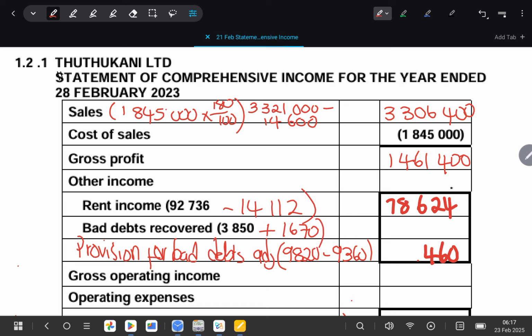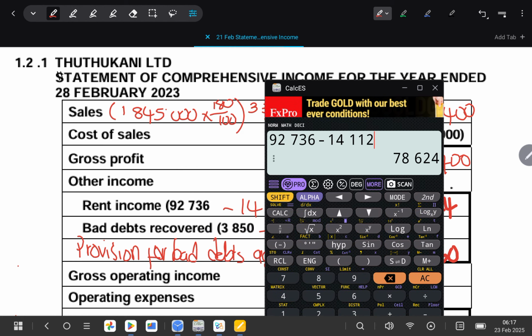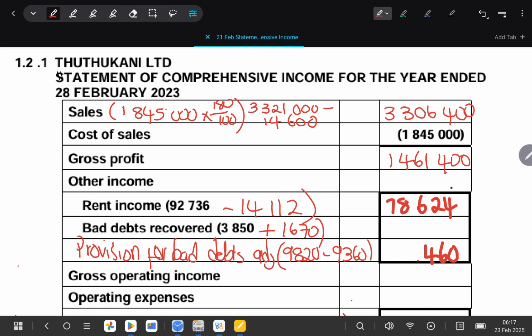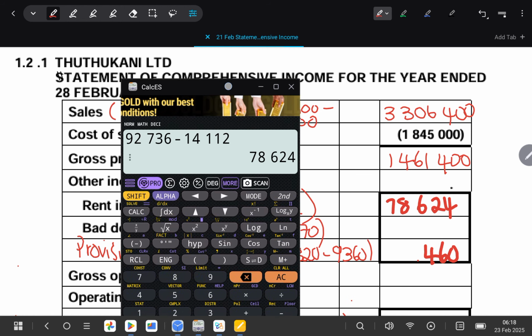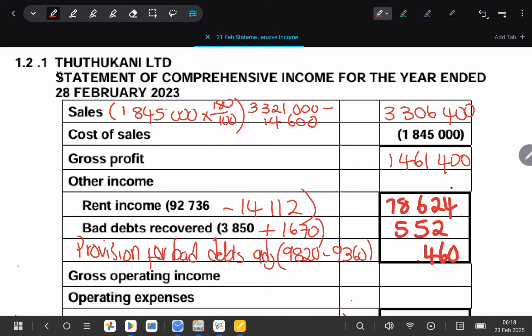Let me confirm it again. 92,736 minus 14,112. Okay, it's fine. Now let's check our bad debt recovered. We're going to say 3,850 plus 1,670. It gives us 5,520.